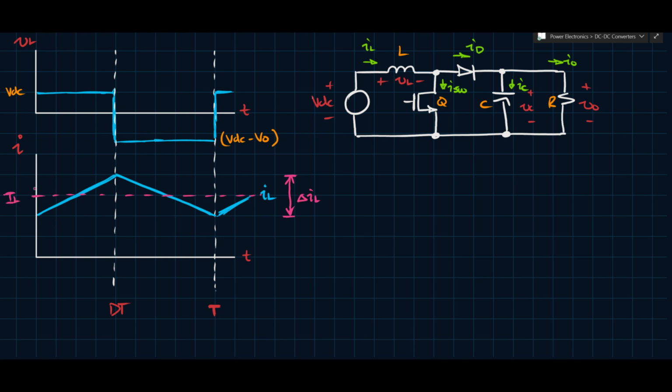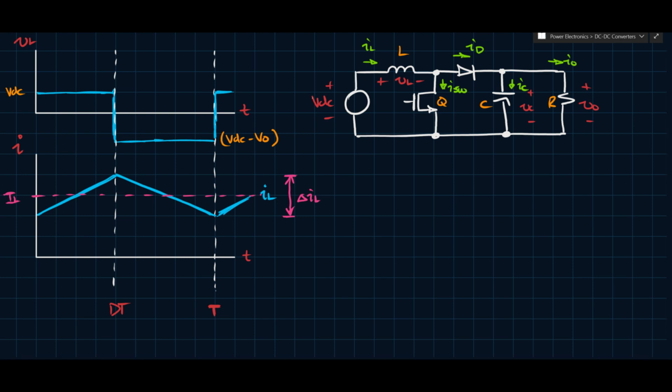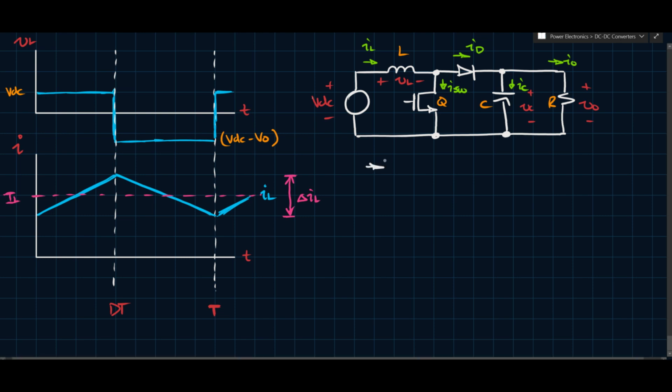And so we have this average current, we have this ripple current, but what is this ripple current? We can define the ripple current in terms of the voltage applied to it.